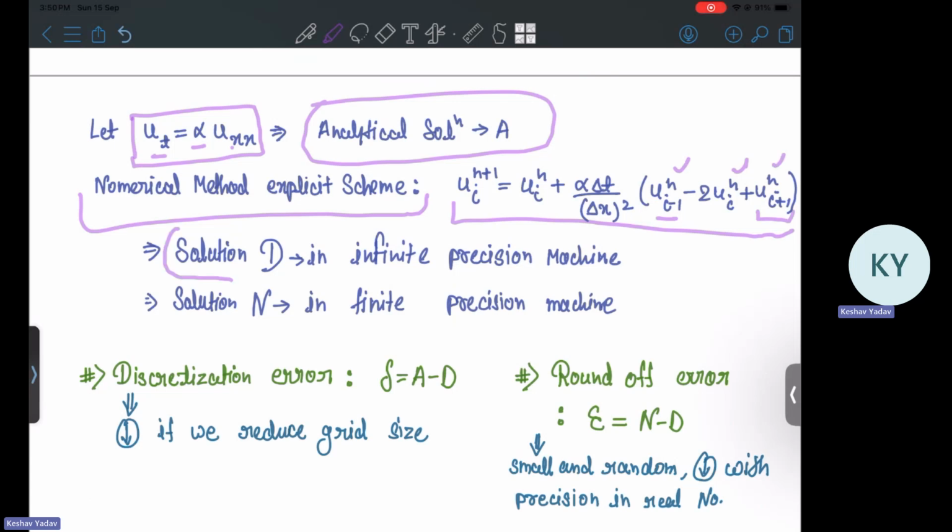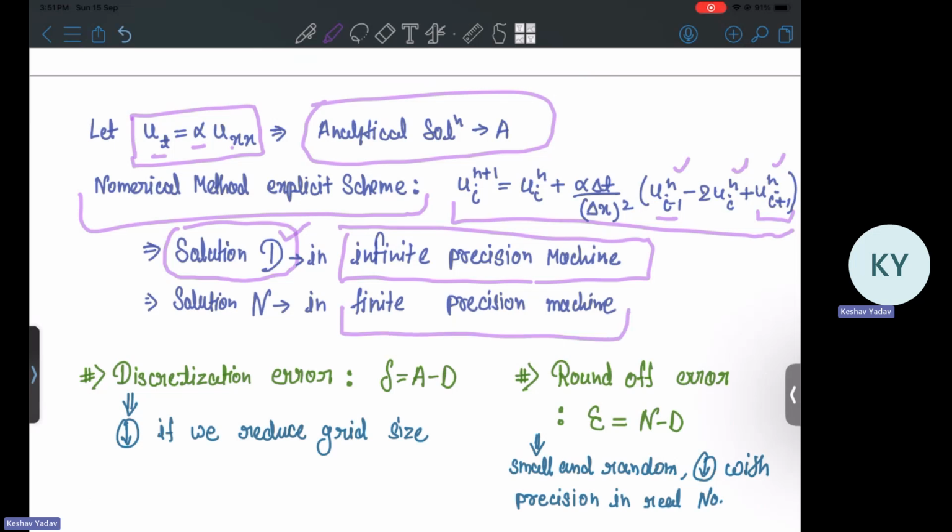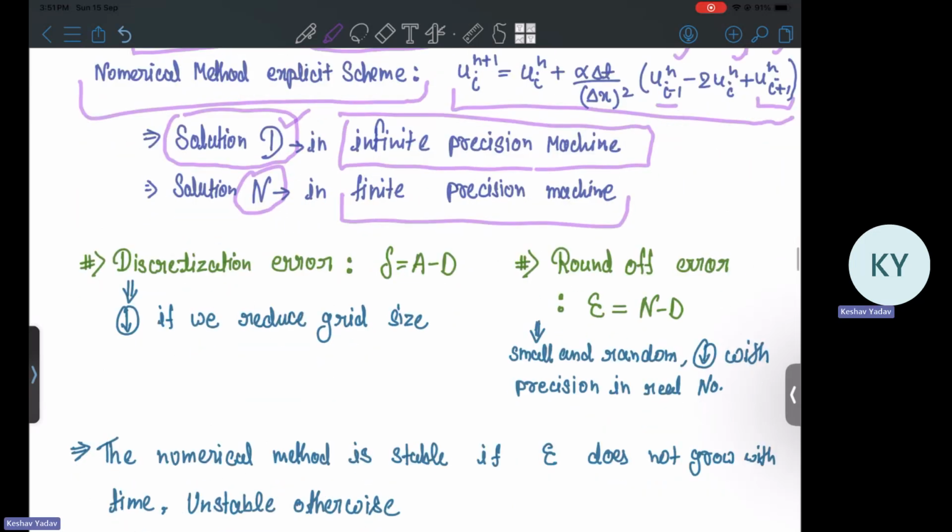Now this gives me solution D if I do the solution in an infinite precision machine, meaning there is no round off error. If I do it in that machine, I get the solution D. And if I do it in a usual computer, meaning a finite precision machine, I get the solution N. So the term analytical solution minus D, A minus D, is called delta, which is the discretization error.